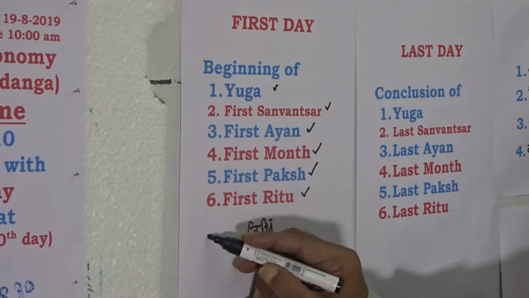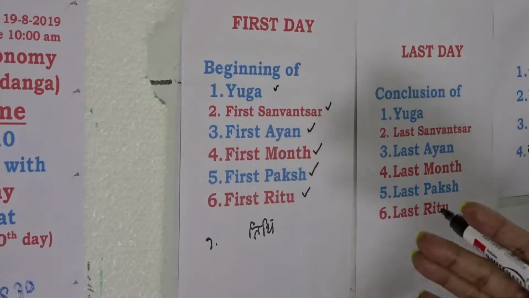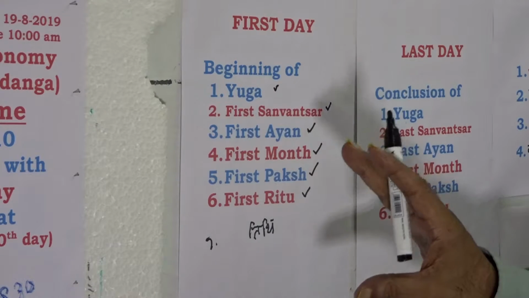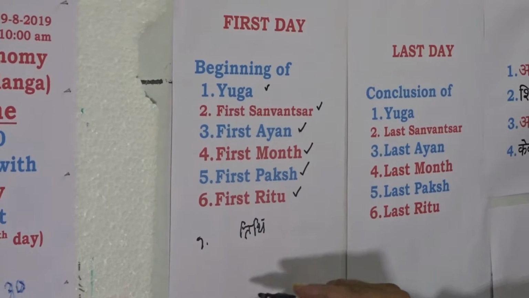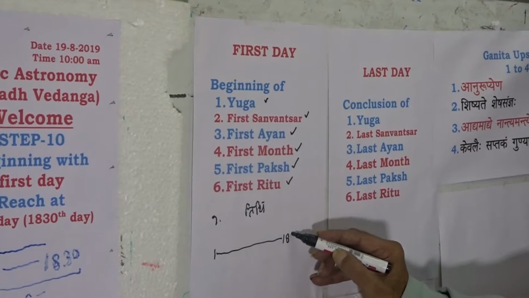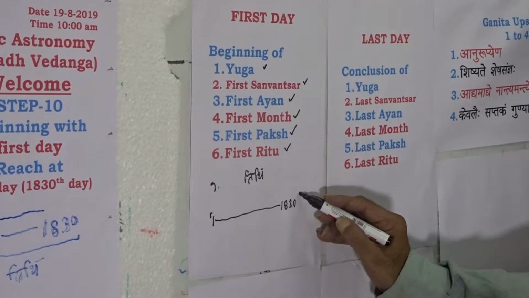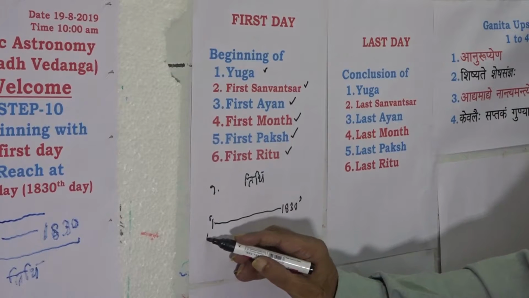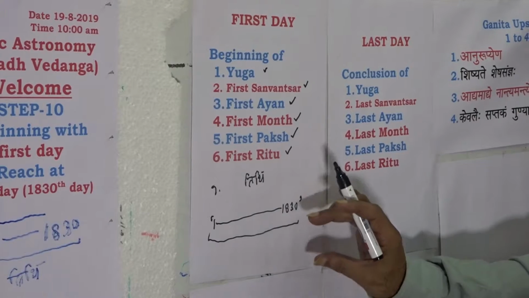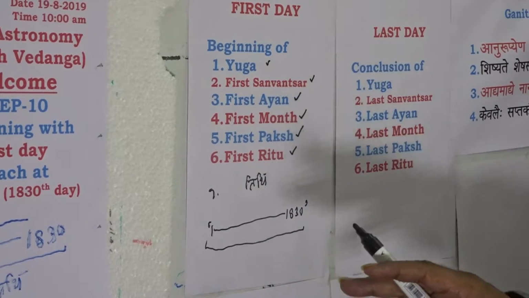In terms of these 7 terms, we have to begin a coverage of a full 5-year yuga. So this period of 1830 days' duration is a unit of a timeline. It is this timeline as a unit which is being worked out by the Lagadh Jyotish Vedanga.